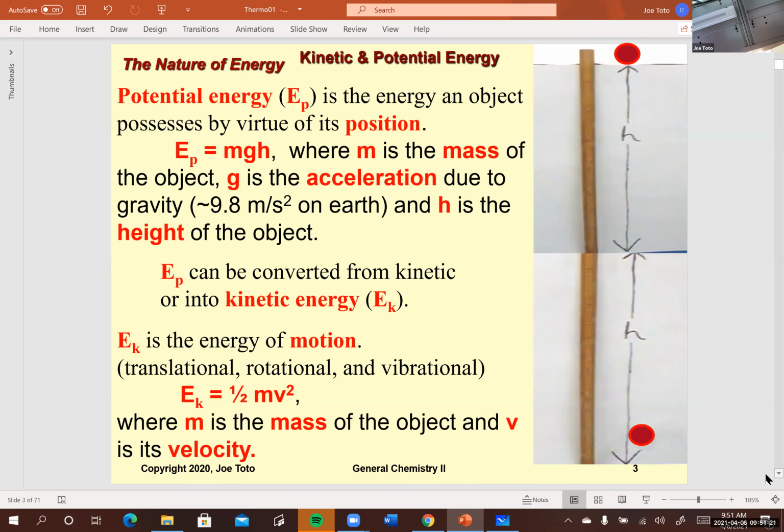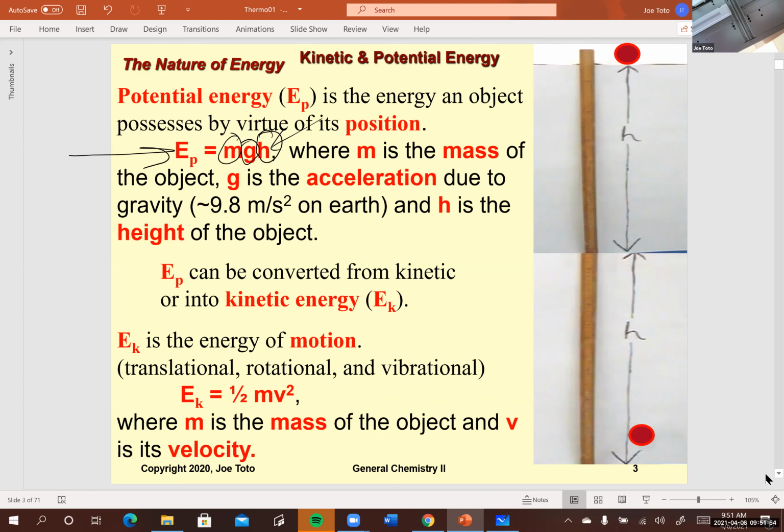So you may have seen this in physics, the equations for potential energy and kinetic energy. Potential energy has this height criterion mixed into it, and it's often calculated from the mass of some object like a ball, the acceleration due to gravity, 9.8 meters per second squared, and the height it is from some surface.